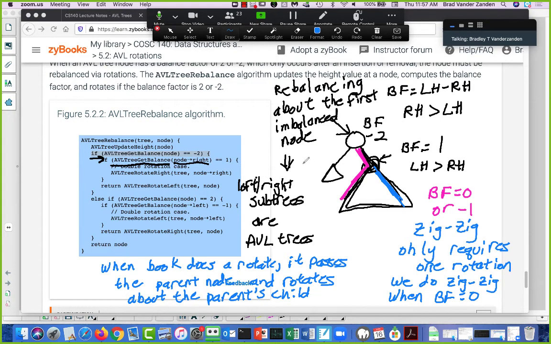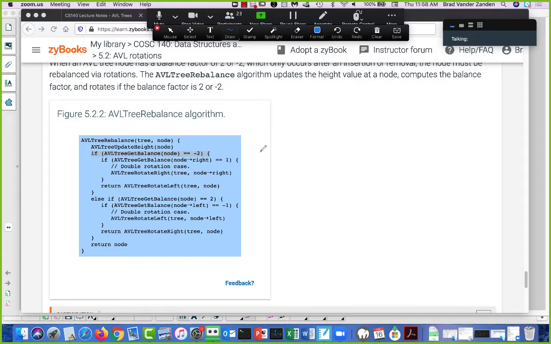Okay, so I'm going to get rid of all my drawings here. And this is the case effectively that we have here. This is our zigzag case.